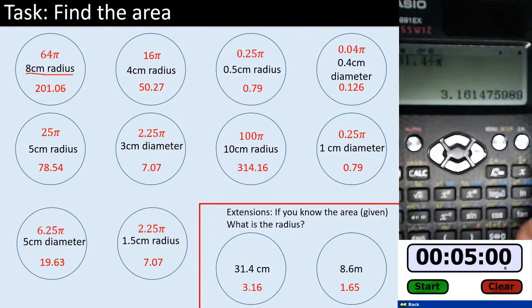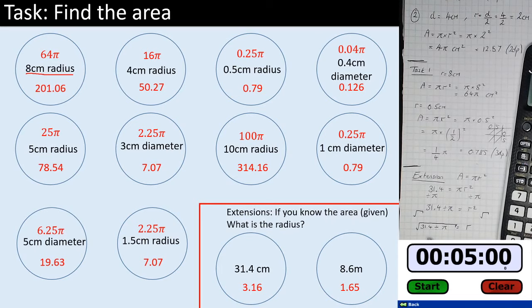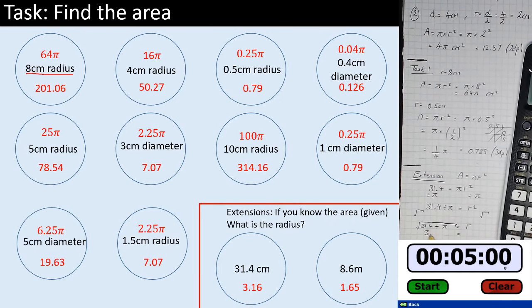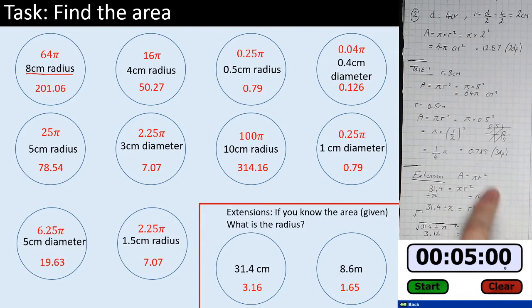And the answer that I get on the PowerPoint screen there is 3.16, which is what that answer rounds to. Now, those extension bits there are a step up. They are a step up.